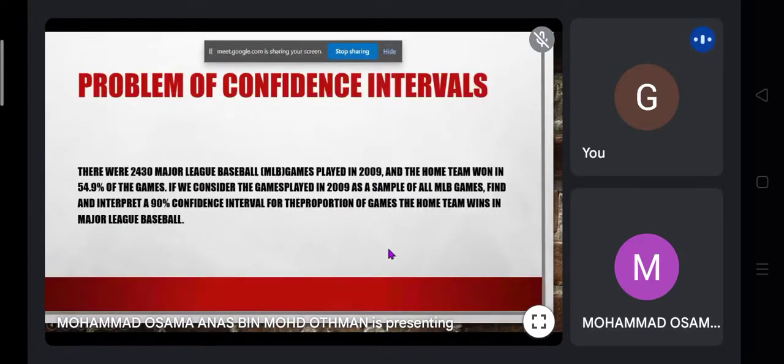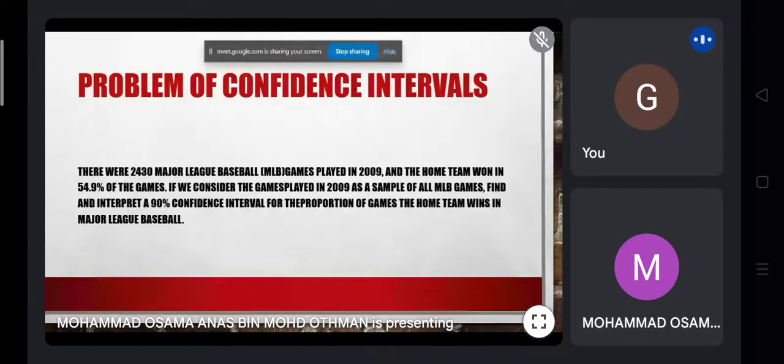The problem of the confidence interval. There were 2,430 Major League Baseball (MLB) games played in 2009, and the home team won in 54.9% of the games.